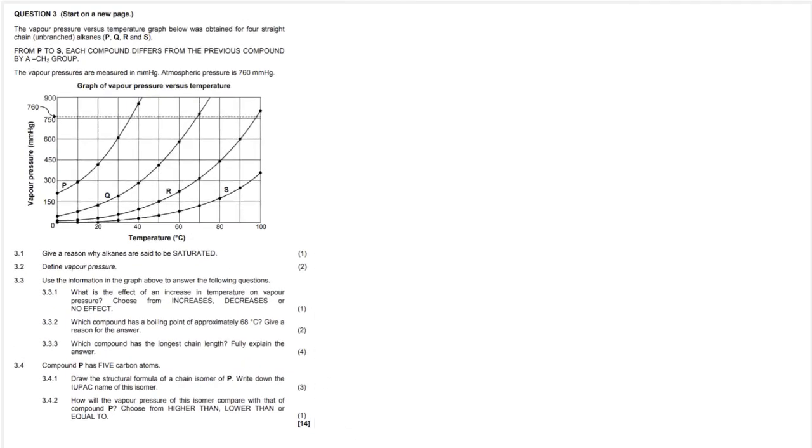The vapor pressure versus temperature graph below was obtained for 4 straight chain, which are unbranched alkanes, P, Q, R, and S. From P to S, each compound differs from the previous compound by a CH2 group. So that means that if they're all 4 straight unbranched alkanes, they each differ by a CH2 group.